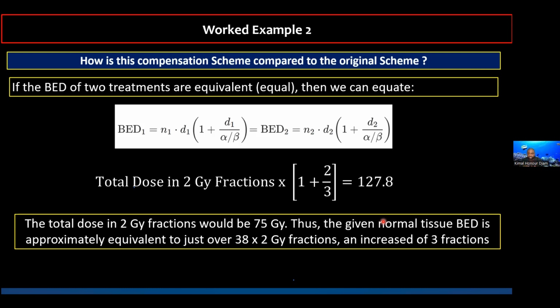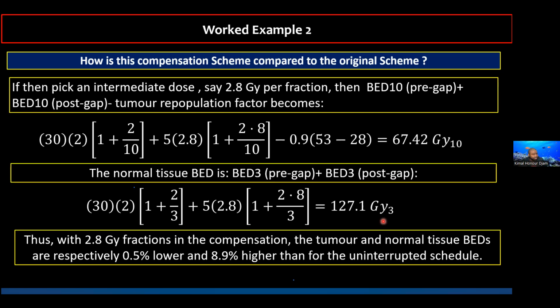And so really, at this point, we have to play a trial and error game to gauge what is acceptable or what is not acceptable. Let's say we pick an intermediate dose of 2.8 gray per fraction, then we do the recalculations, and we arrive at 67.42 gray.